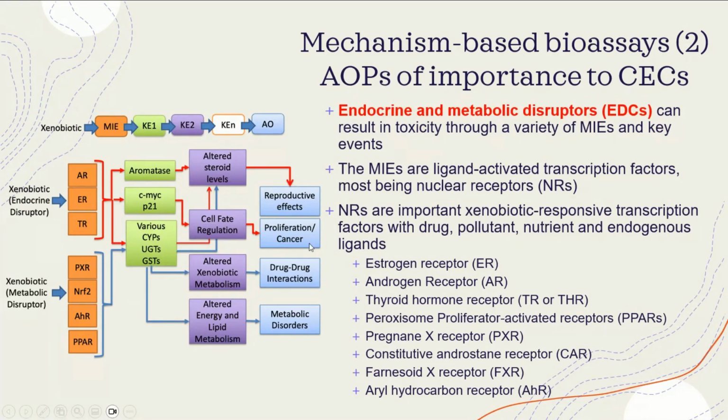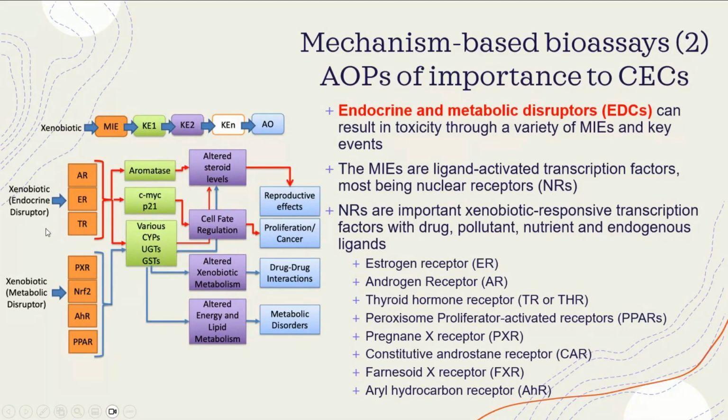Things like reproductive effects, cell proliferation and cancer, interactions between different molecules that are affecting half-life of chemicals and hormones in the body, metabolic disorders, things like diabetes and obesity, that could all be linked to xenobiotics. And these xenobiotics, again, we can consider these endocrine disruptors or metabolic disruptors, or think of them holistically.